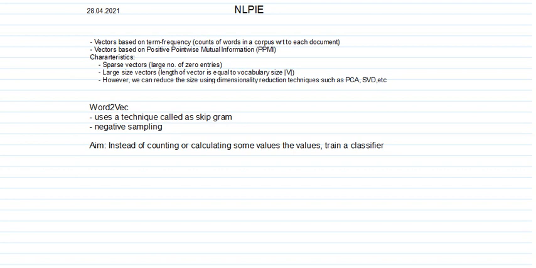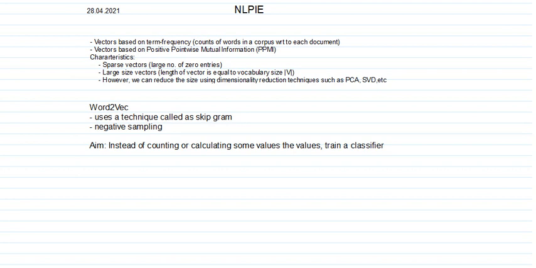These values may be used, but along with the training of a classifier, the values generated by the classifier, or the weights generated by the classifier, will be more refined and more powerful.